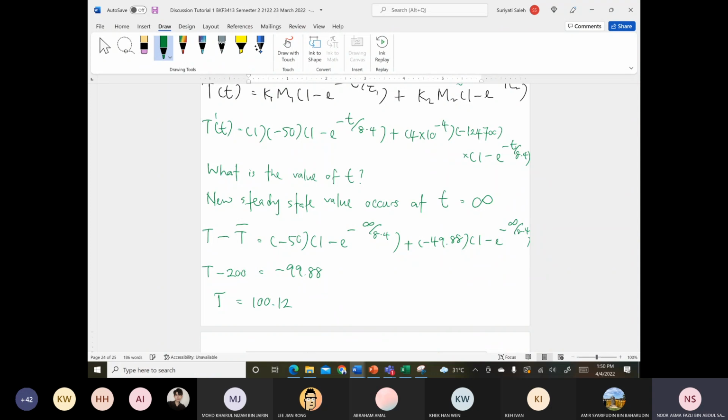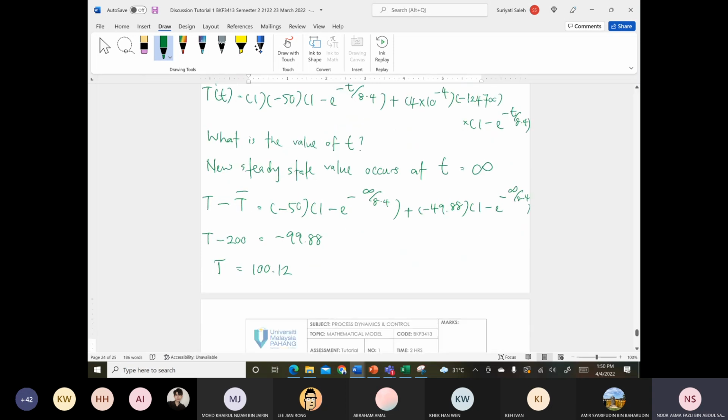So this is supposed to be the answer. Do you know why exponent infinity becomes 0?